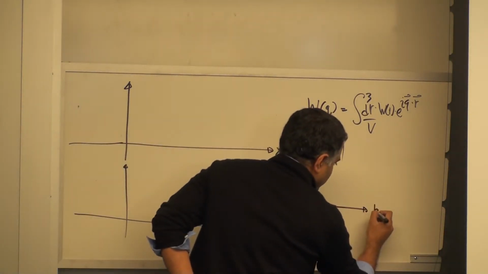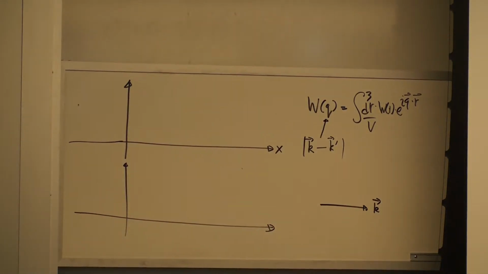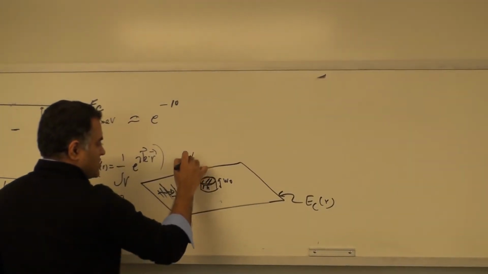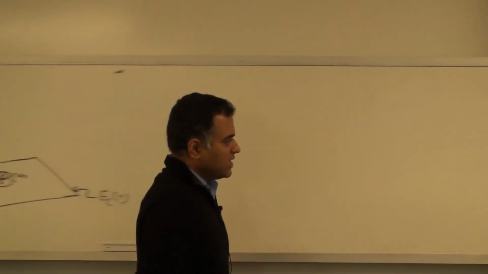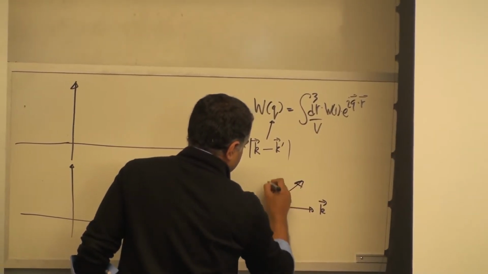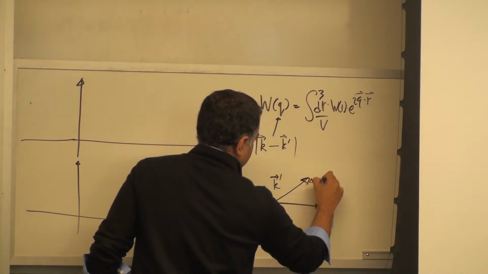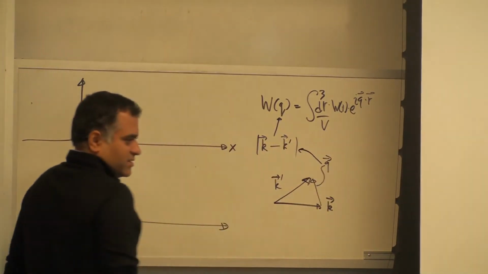So if the electron was going in this direction, and then it scattered because of this obstruction and started going in that direction, that's your k prime. So you have the initial vector and the final vector, and there's a difference between the two. This vector here is what we're calling q. The magnitude of that is just the length of it, right?